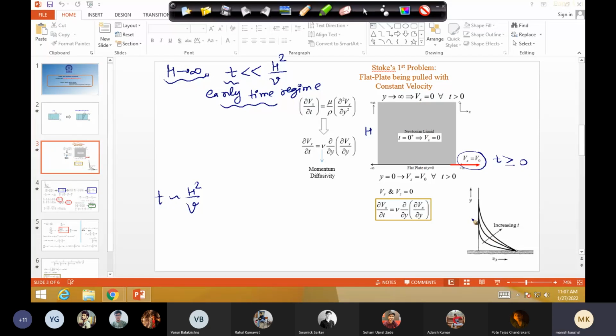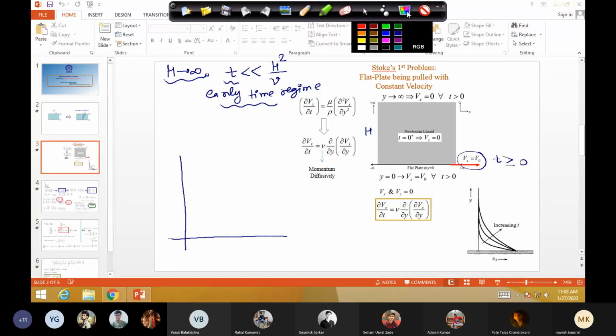Then what more we guessed is as follows. Our main goal was: can all these variables be uniquely expressed by a single master equation? We have Vx as a function of y and t.